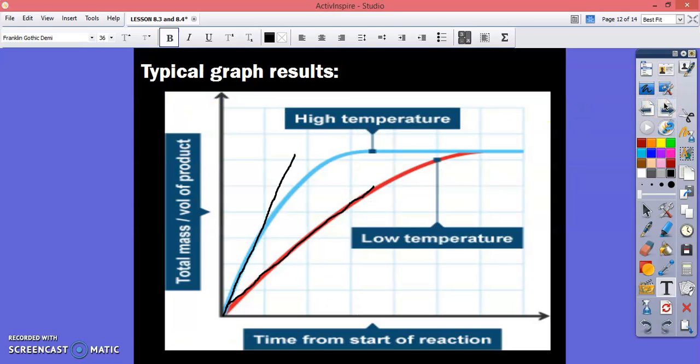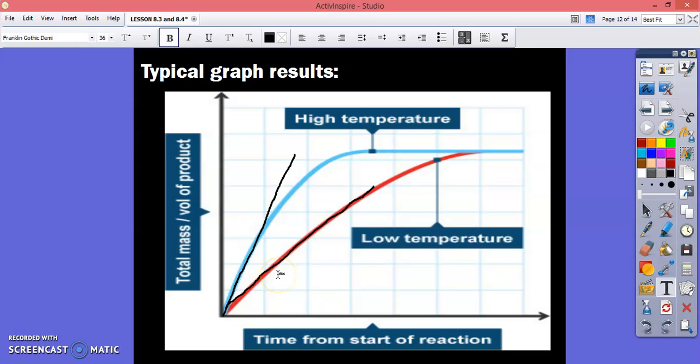This is another graph. It looks like the same graph as the one for the surface area, but this one is discussing the effect of temperature on the rate of reaction. Here we have two graphs, one in blue and one in red. The blue one is using higher temperature and the other one is low temperature.